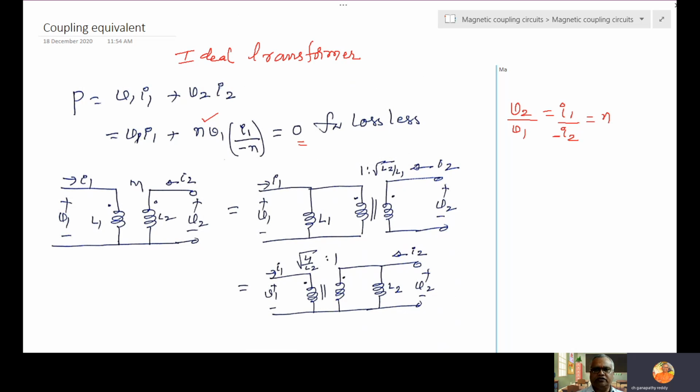So I1 by minus I2 is equal to N. Therefore, I2 is equal to I1 by minus N. So that is substituted here. Now simplify, N cancels, minus V1 I1 plus V1 I1 is 0. So this is the proof that the total power dissipation in the ideal transformer is 0.